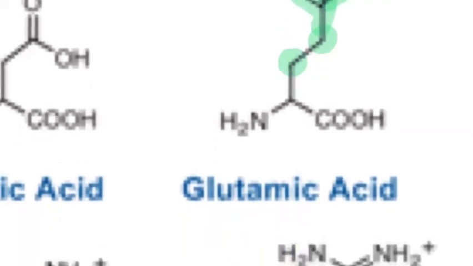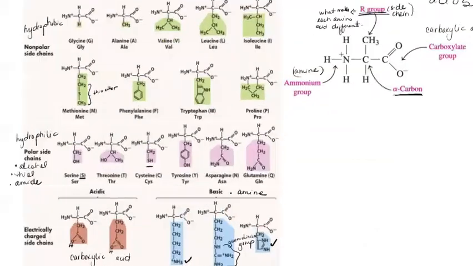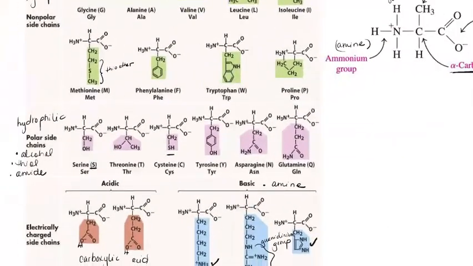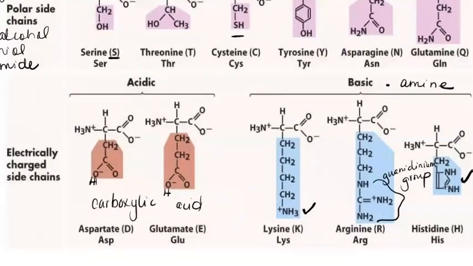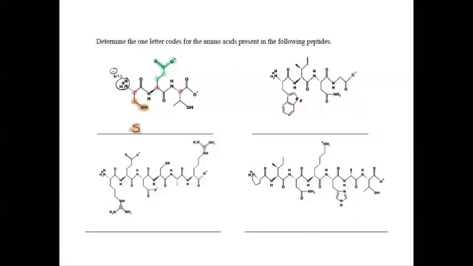So my second amino acid is going to be glutamic acid. Okay? When I look here, glutamic acid has the one-letter code E. So then the next amino acid is the letter E.